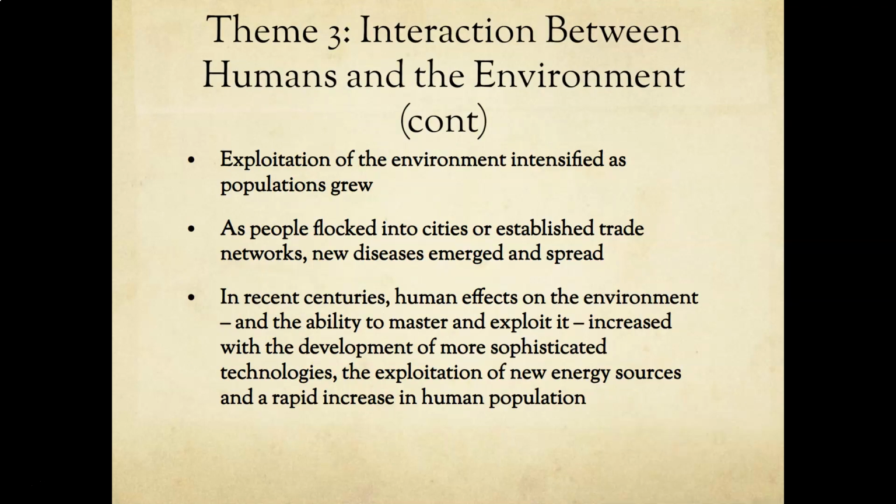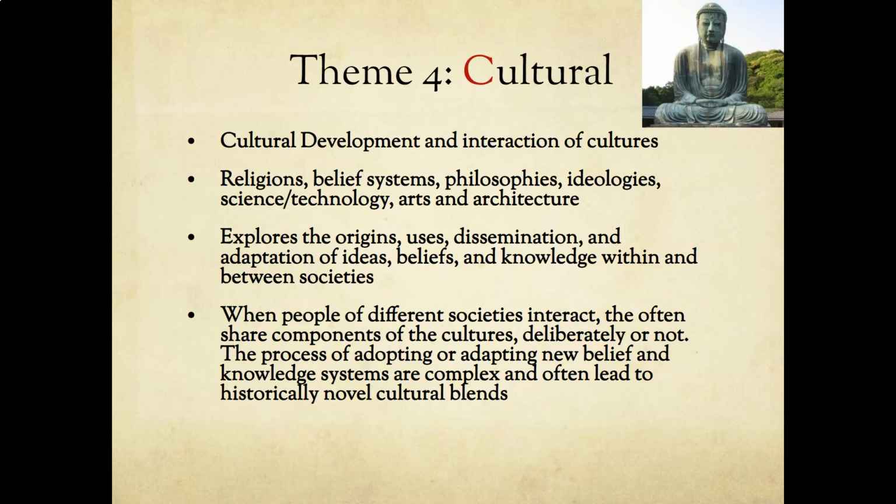All right, and again, understanding how our exploitation of the environment grows as populations grow is an important aspect to remember, and it plays itself out in any number of ways, but in particular people flocking to trade networks or into cities, and the consequence of that with new disease spreading, is an example that you guys need to remember, and we'll cover throughout this course a lot.